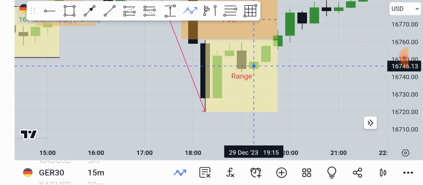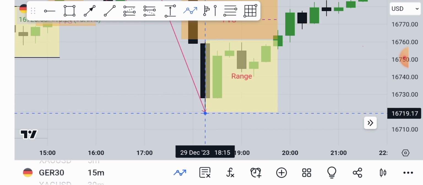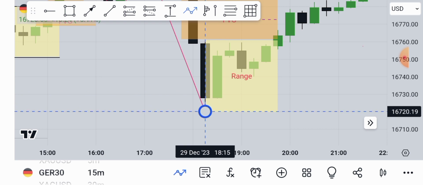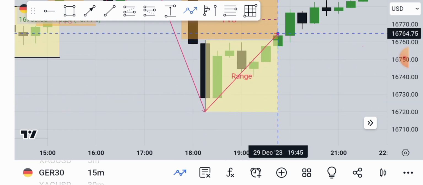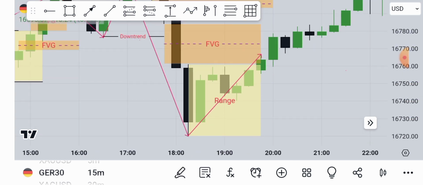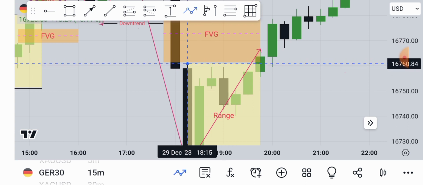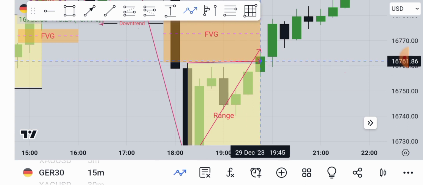as you can see, and then the range was taken out by this, which means this now becomes our impulsive move. Why? Because it took out the range, and then we mark this high as an uptrend.